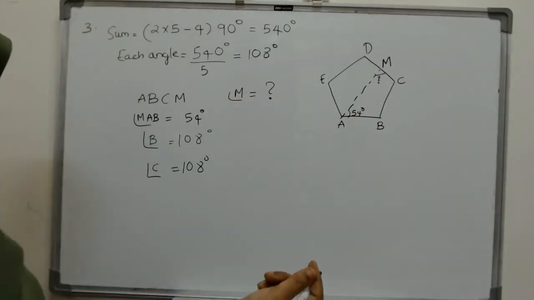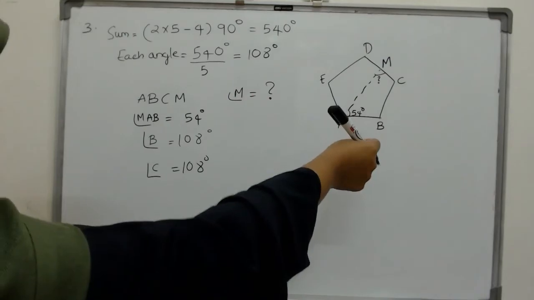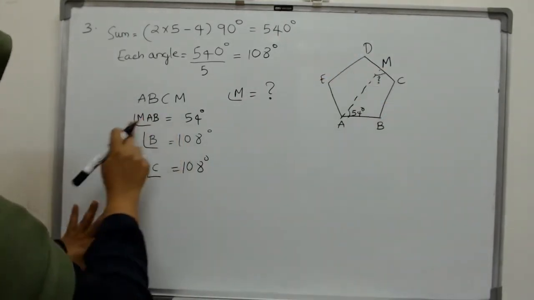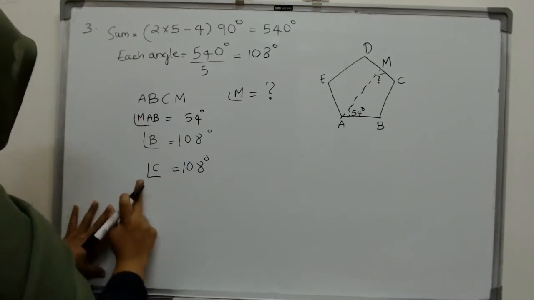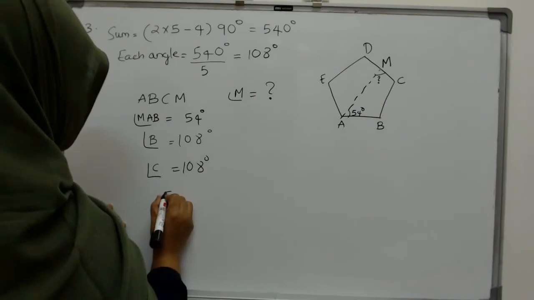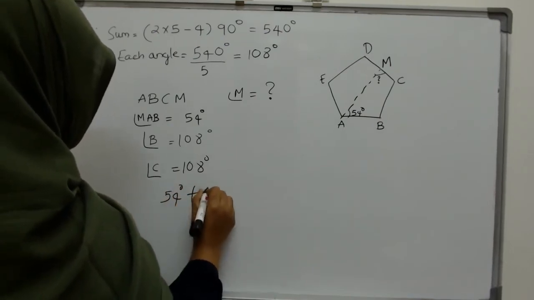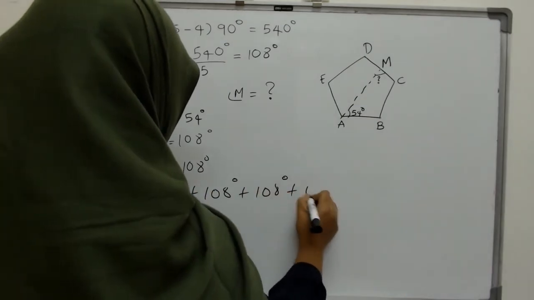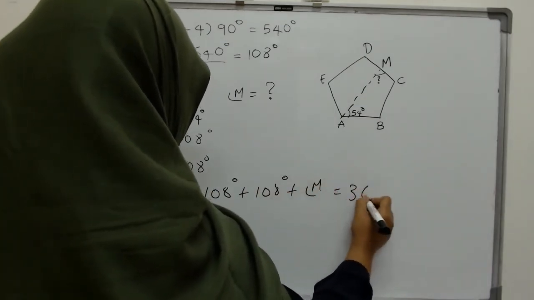And how do we know that? It is a quadrilateral. That means its sum of the angles will be 360. That means MAB plus B plus C plus M, all of them together is 360 degrees. That means 54 degrees plus 108 degrees plus 108 degrees plus angle M is equal to 360 degrees.